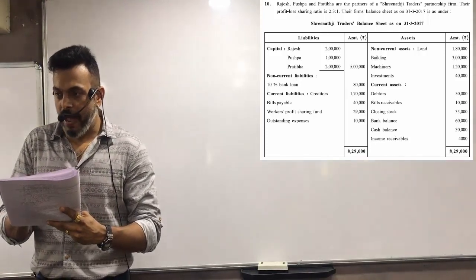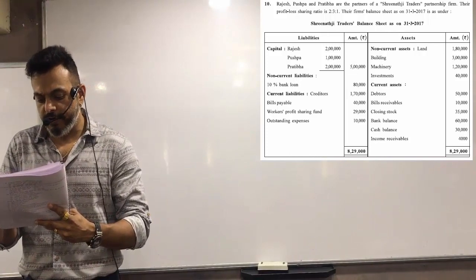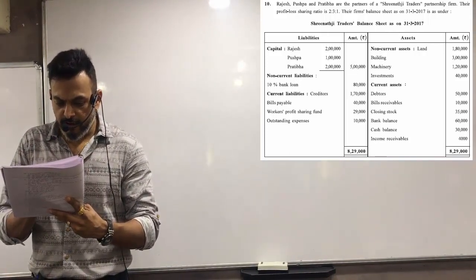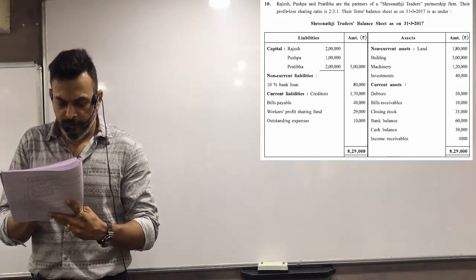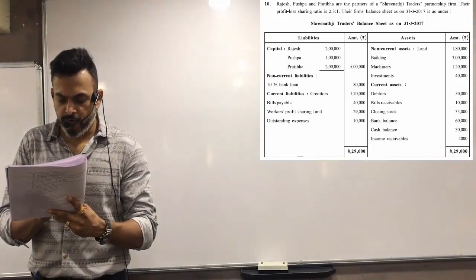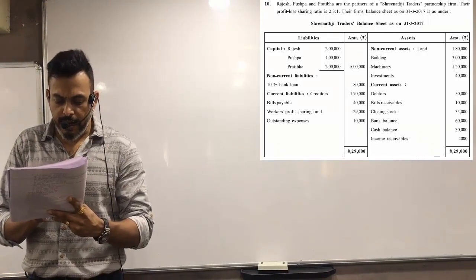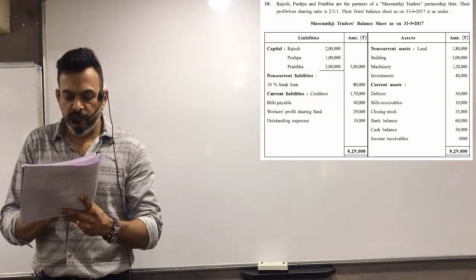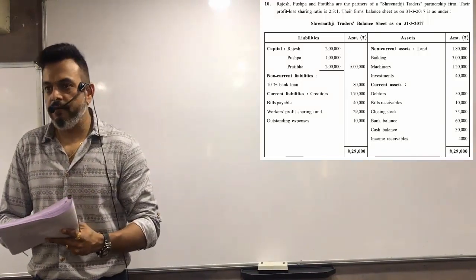Srinathji Traders balance sheet as on 31/3/2017. Capital is given: Rajesh, Pushpa, Pratibha. Non-current liability is given: 10% bank loan.